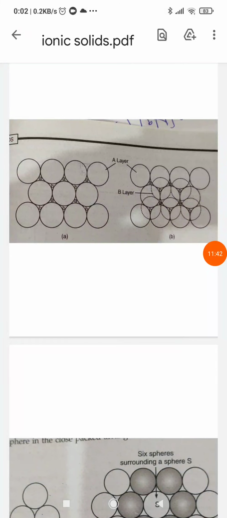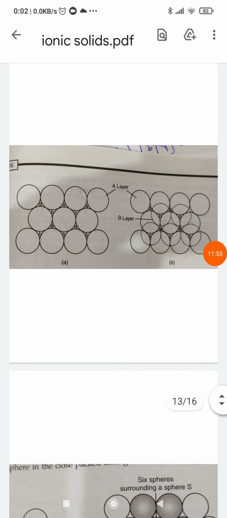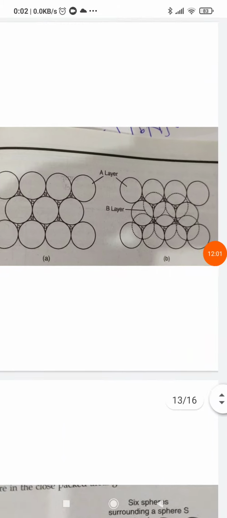Thus, while building the second layer, only half the hollows are occupied and half remain unoccupied. Now, if we place the pairs on hollows marked B to make the second layer, which may be labeled as B layer, the second layer is represented by the dotted line.